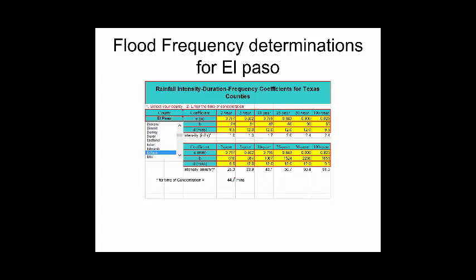So you just look for El Paso County and then you get the 2, 5, 10, 25, 50, and 100-year intensity. So you're not getting the depth here, but the intensity.